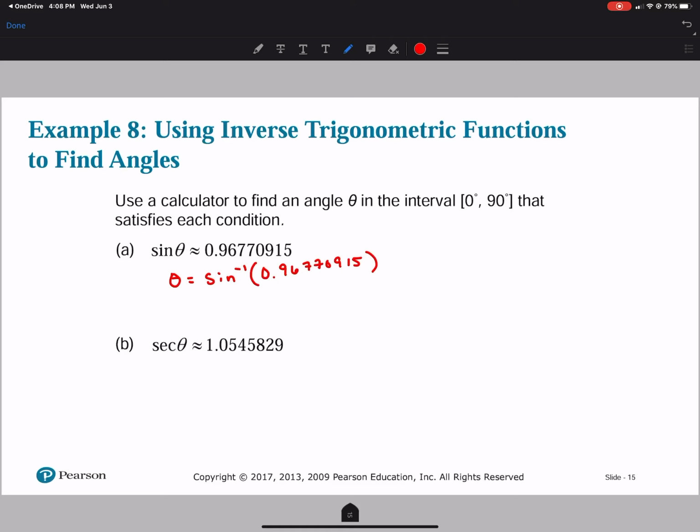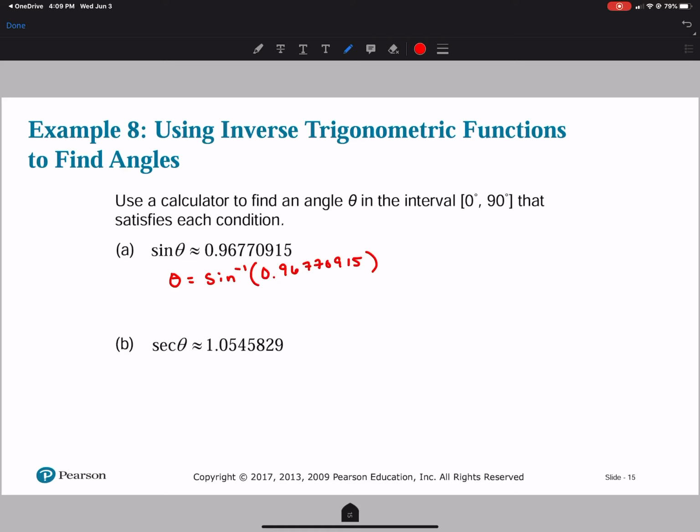So if we were to put that in our calculators, I'm going to put it in mine. Let's make sure we're in the right mode. We should be in degree mode. All right. So we have second sine, which is sine inverse, of 0.96770915. All right.